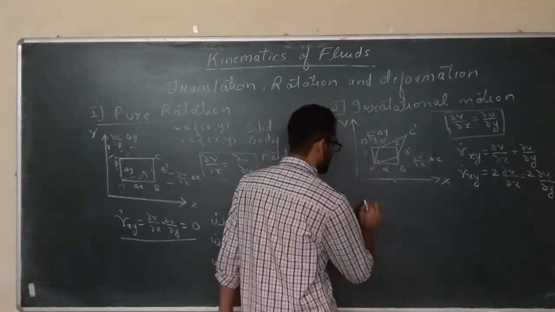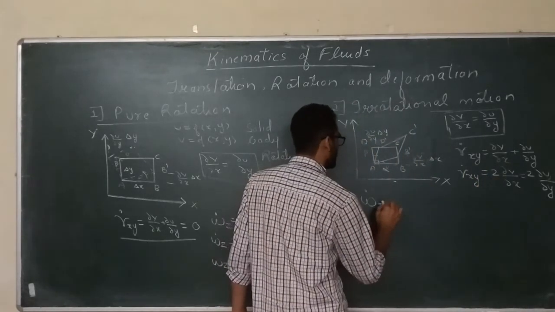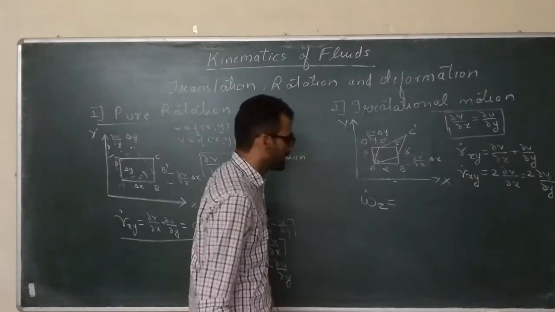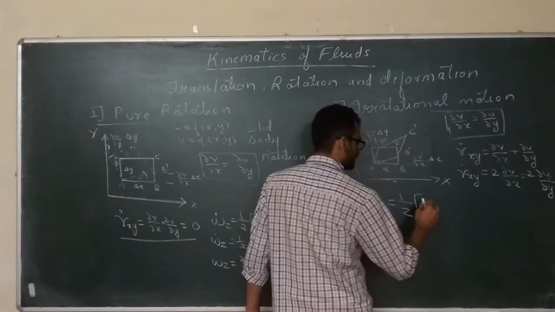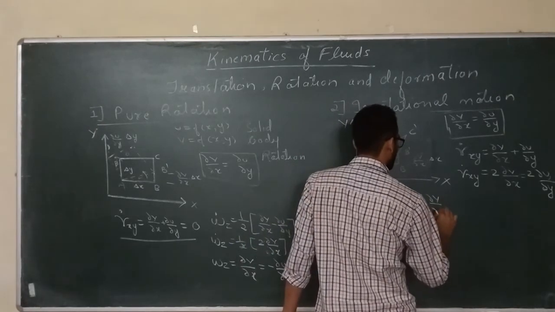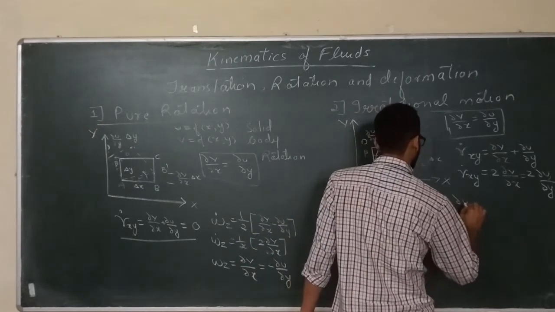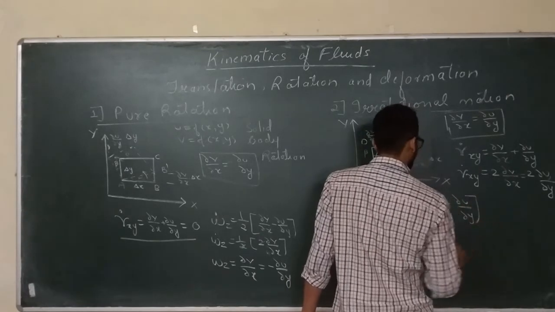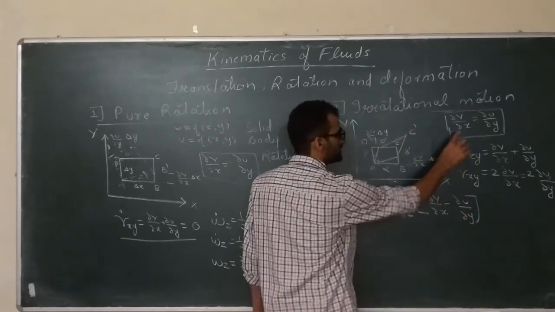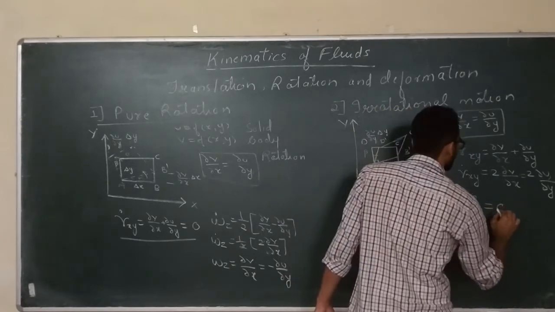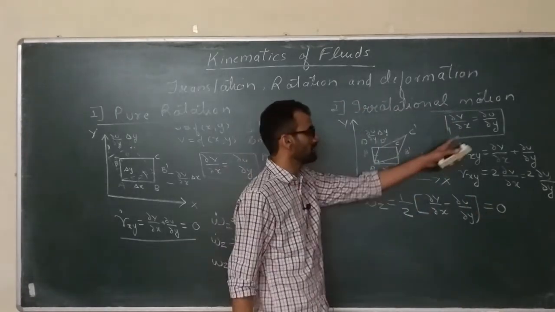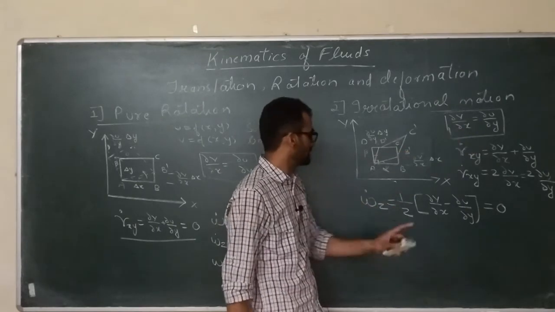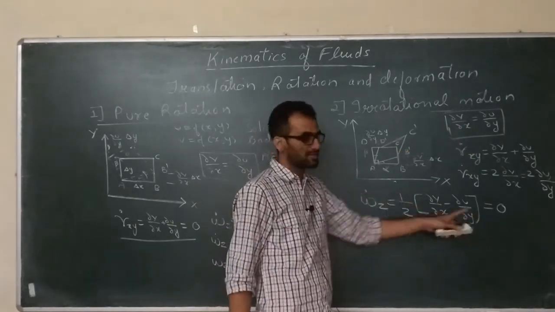But what about the rotation? Rotation omega z is half into del v by del x minus del u by del y. But these quantities are equal with the same sign, so this will be 0. So this is a case of irrotational motion. For irrotational motion, we have this criterion and we get rotation as 0.